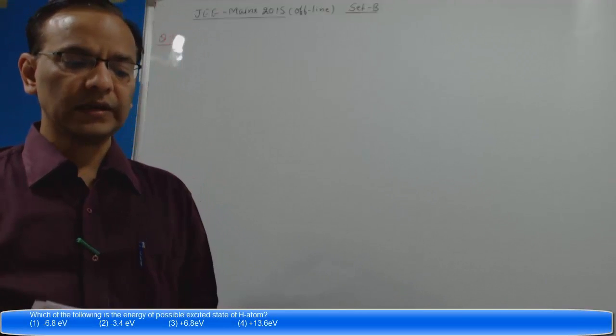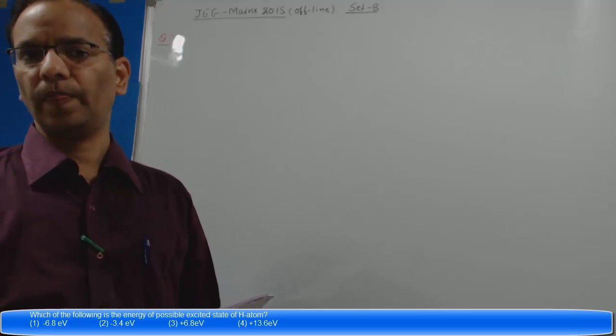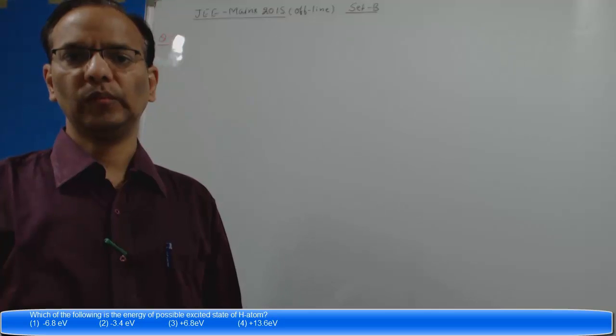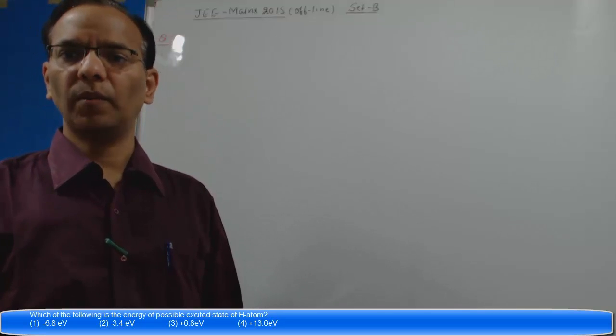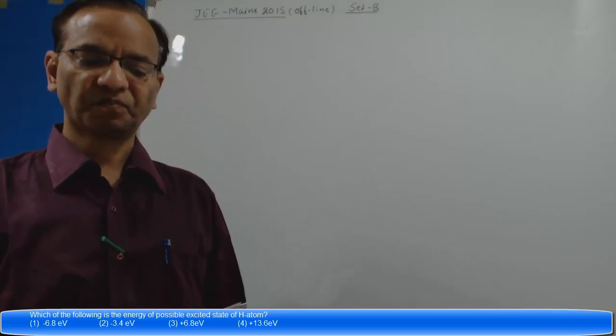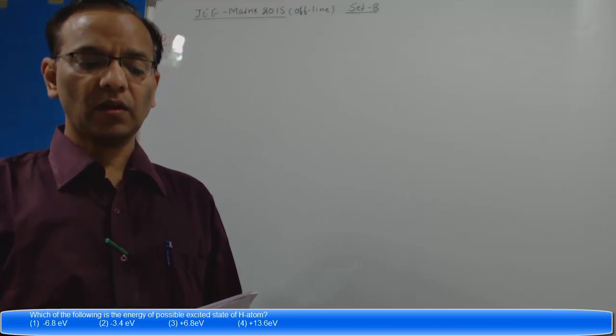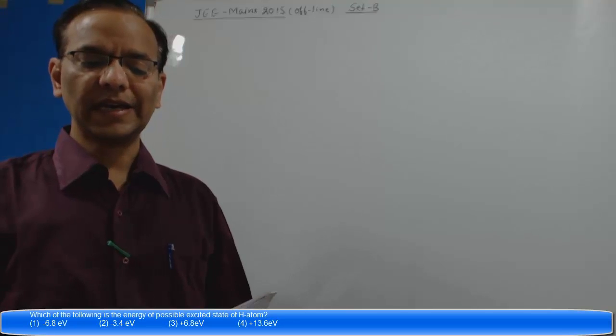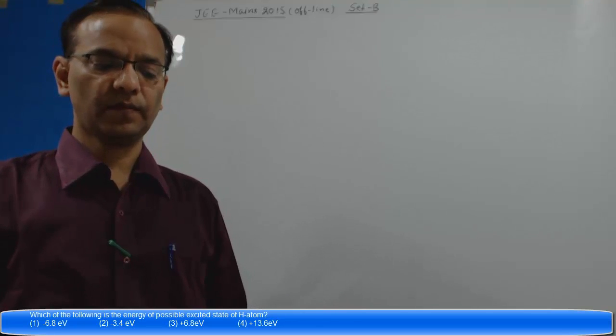The first question is related to atomic structure, description of Bohr's atomic model. The question is, which of the following is the energy of a possible excited state of hydrogen?